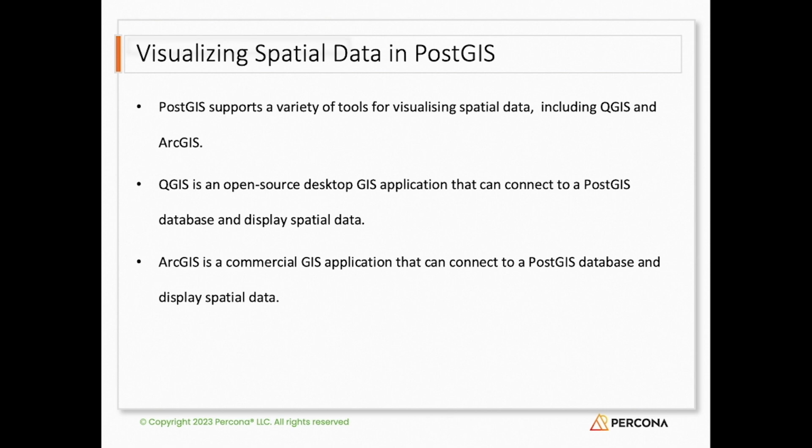So there are tools, like PostGIS supports a variety of data visualization tools, including QGIS and ArcGIS. This one is open source, and this is the commercial GIS application. So you can connect that application to PostgreSQL, and then you can visualize your data. When you say make a line, it will show you the line. If you say draw a polygon, it will draw a polygon on screen too. So that's the graphical information on that.